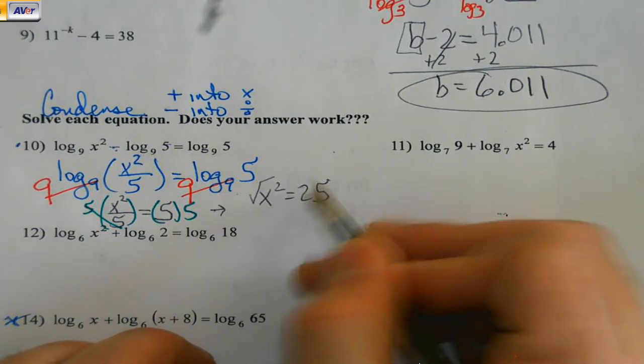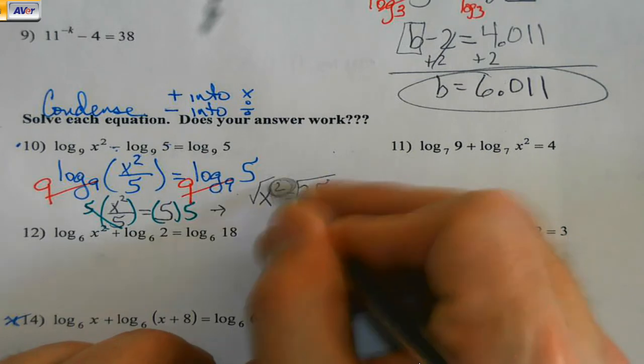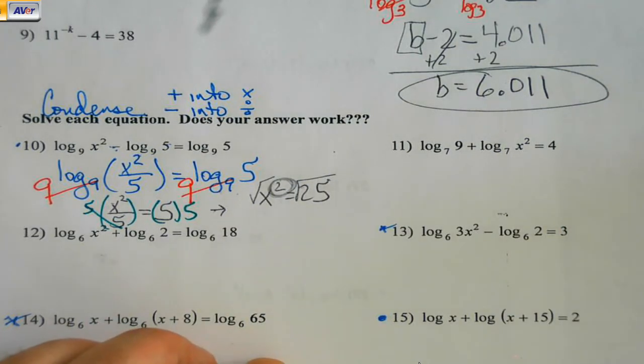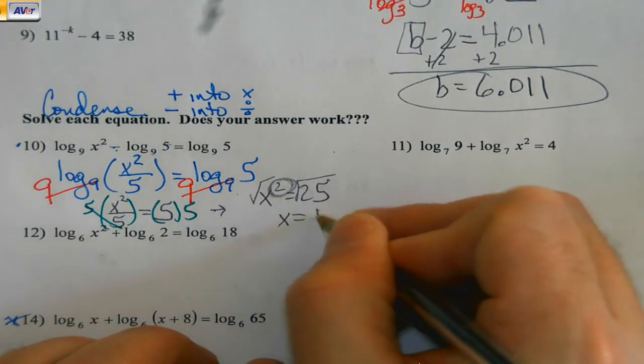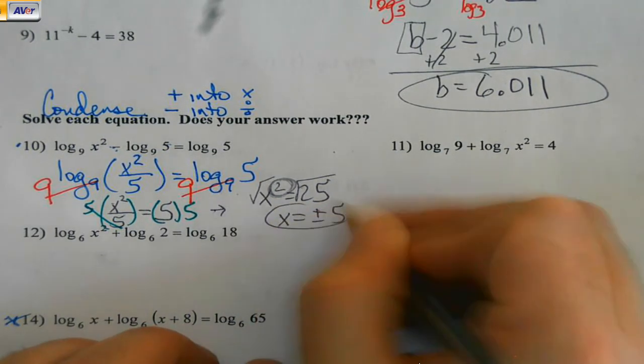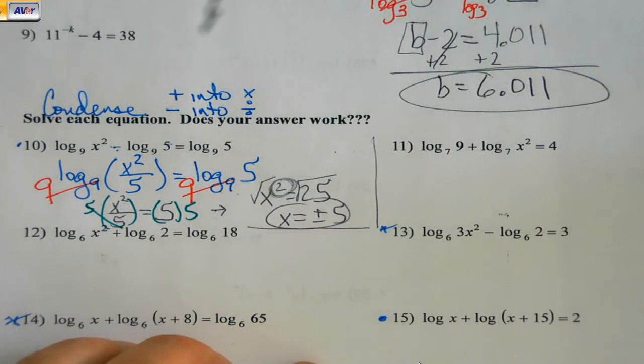Take my square root, and as a reminder, quadratics, things that are squared, are going to have 2 answers. So it's not just 5, it's plus and minus 5. And you're like, wait a minute, why are you saying does your answer work? Do I have to plug every single thing in? No. Okay? What you've got to make sure is that you're not taking the log of 0 or a negative.